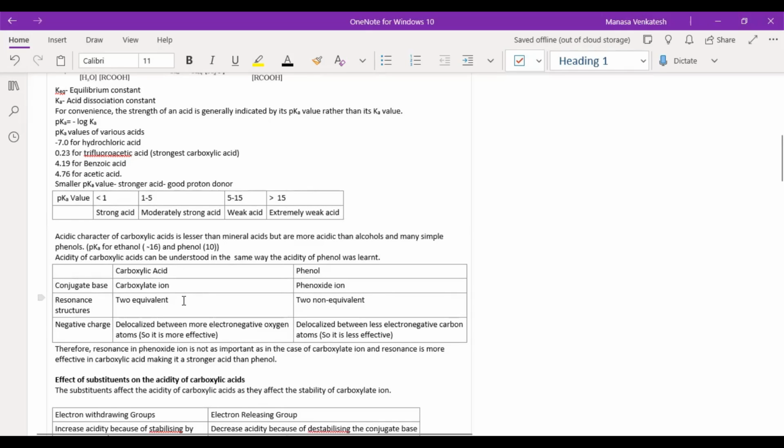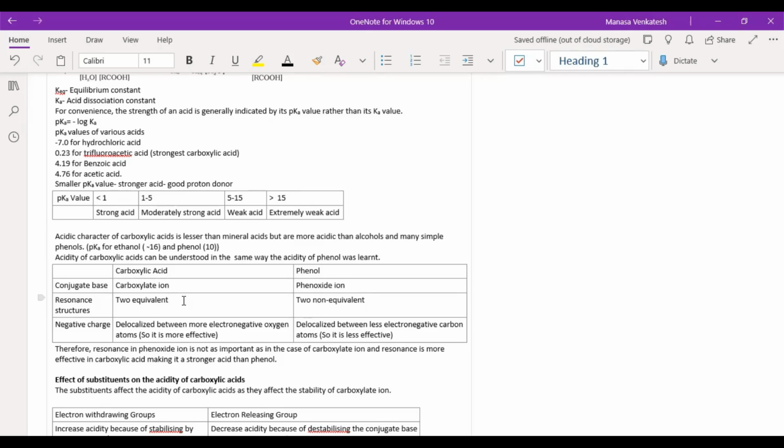In phenol, the negative charge gets delocalized between carbon atoms, whereas in carboxylic acid, the negative charge is delocalized between the electronegative oxygen atoms. So the resonance in the carboxylate ion, the conjugate base of carboxylic acid, is more pronounced than in a phenoxide ion, and that is why carboxylic acids are stronger acids than phenols.